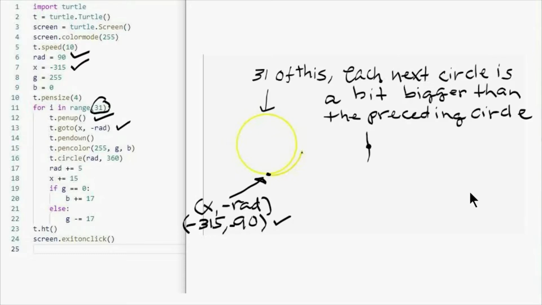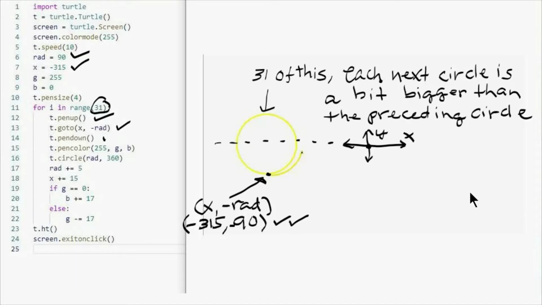Then we have the y-axis here, and then this is the x-axis. And this negative 315, negative 90, look, it is below the x-axis. Okay, let's continue.